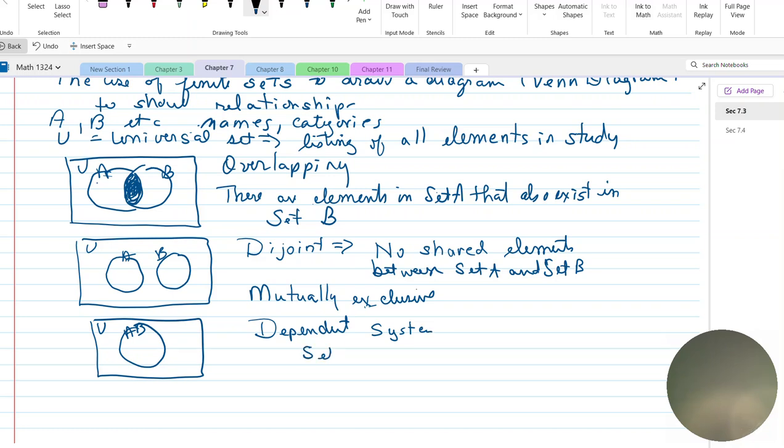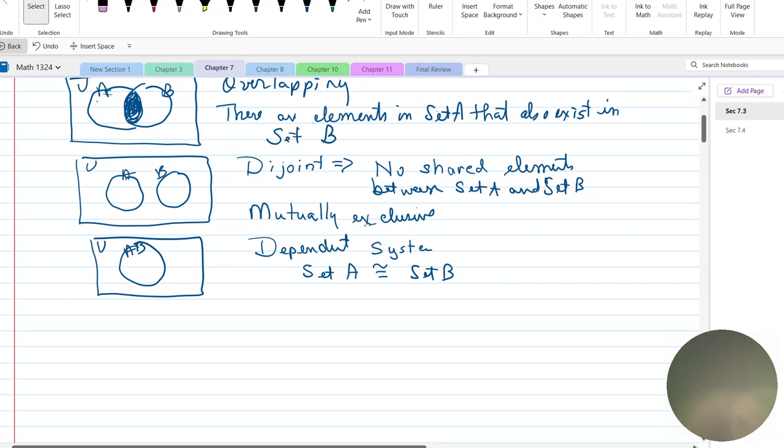Set A is congruent to set B in all elements. All elements in A are in elements of B. So let's look at something here, an example, and then you can see all the elements in a quantity.